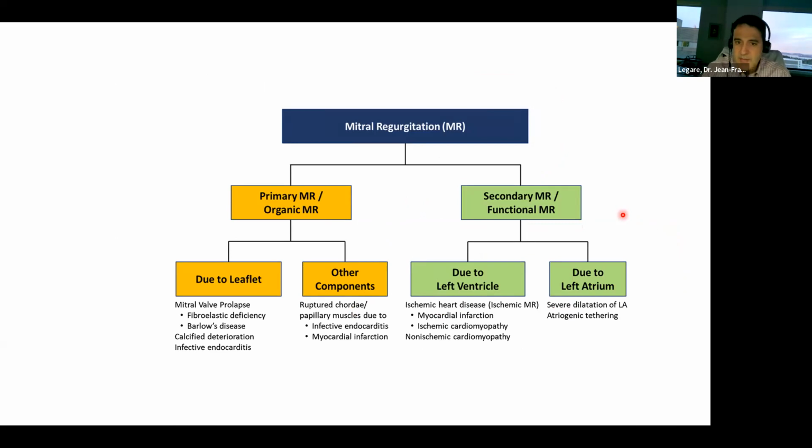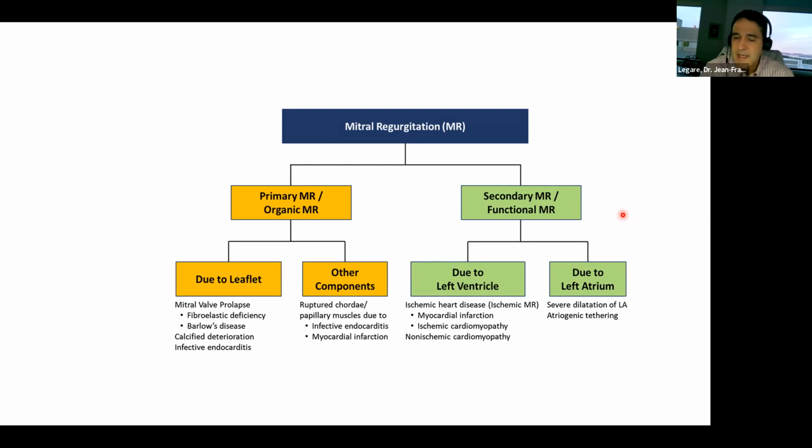In secondary mitral insufficiency, generally speaking, the leaflets are okay, that's not the problem, but it can be due to a ventricular problem, and it can also be due to an atrial problem. Something that's more described now is that as your left atrium dilates, it can change the geometry enough to lead to mitral insufficiency, and that's being more and more described as a secondary form.